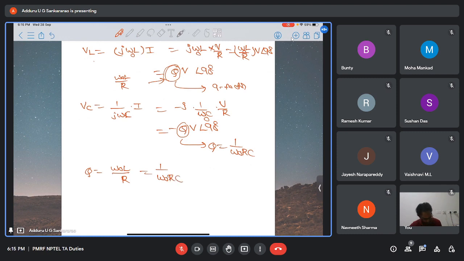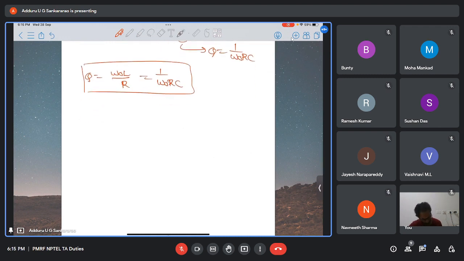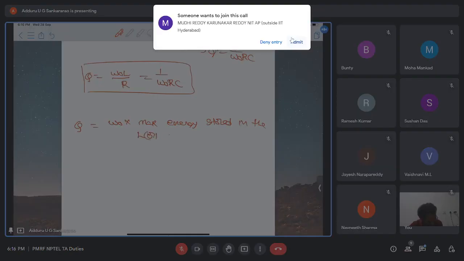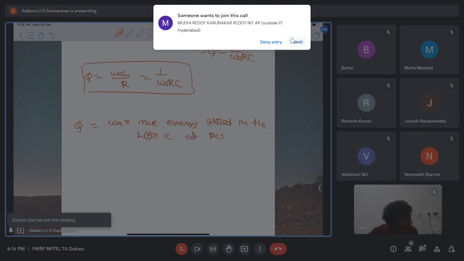Actually there is another definition for Q. The quality factor Q is defined as omega naught into maximum energy stored in the inductor or capacitor at resonance, by average power dissipated.